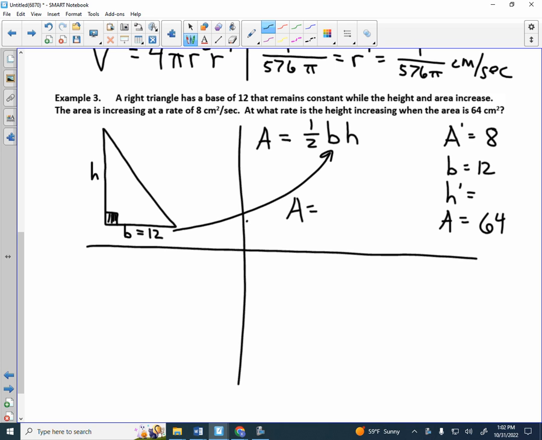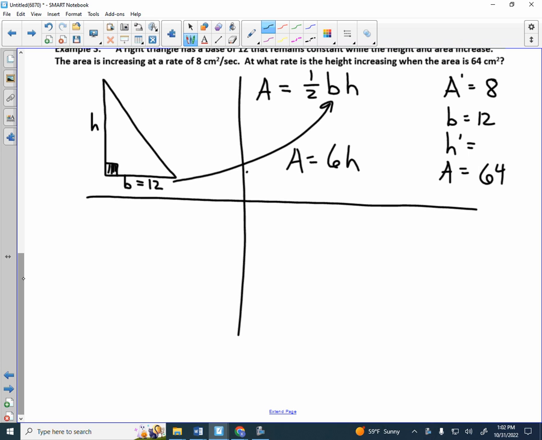We get area is equal to 6H. Great. I can take the derivative of that. That's easy. Derivative with respect to time of A equals 6H. What is the derivative of A?